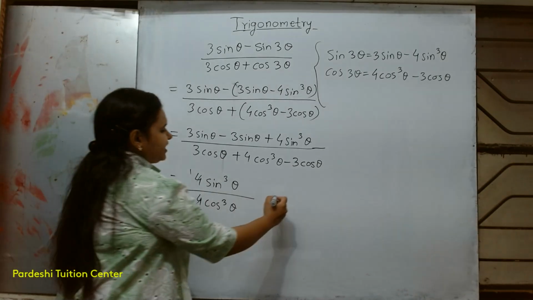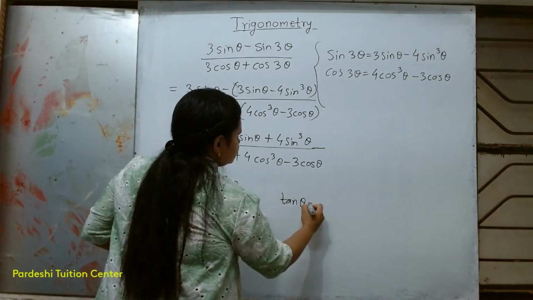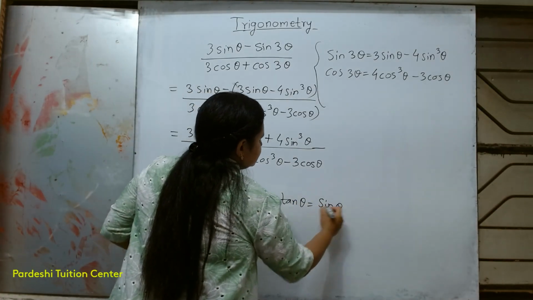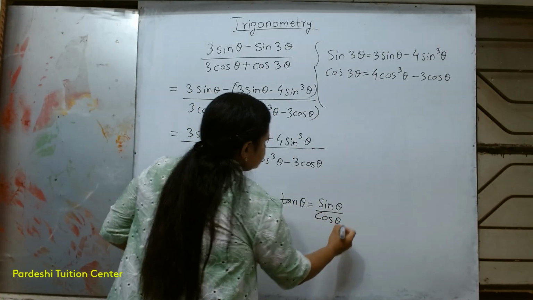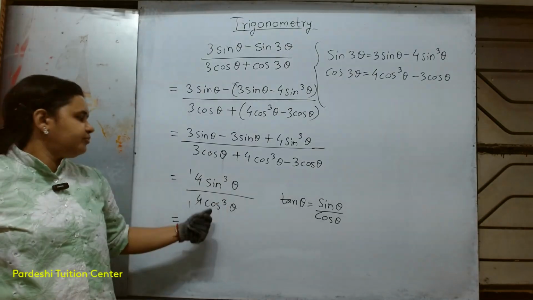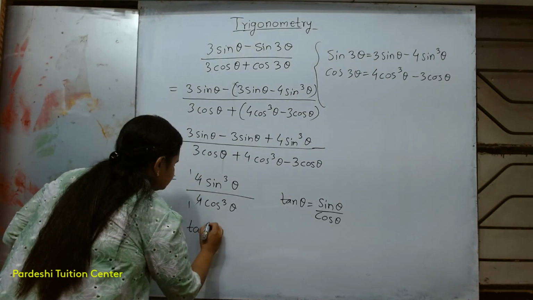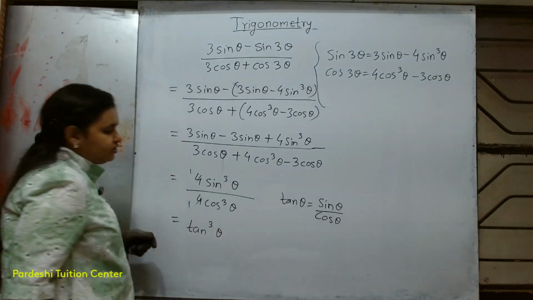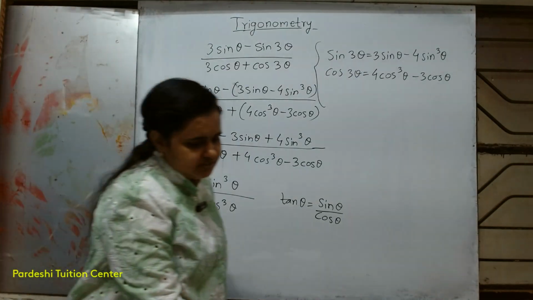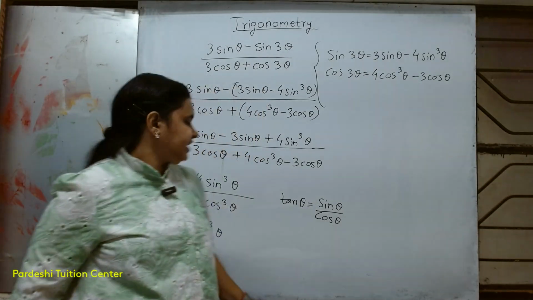Remember tan theta was sin theta upon cos theta. So sin cube theta upon cos cube theta will be tan cube theta. Okay. So our answer is the third one, tan cube theta.